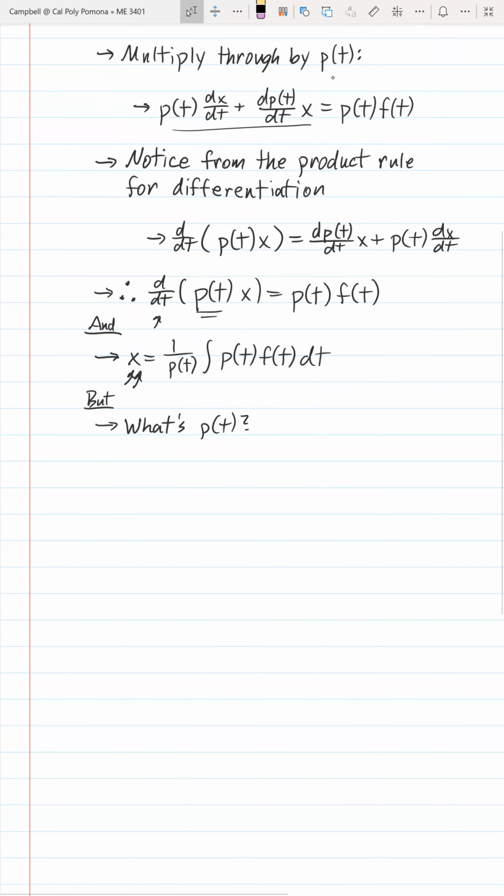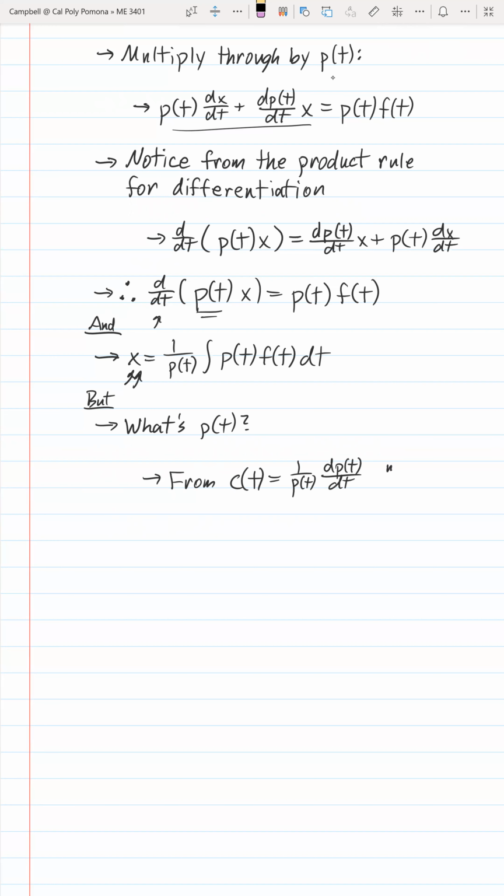So going back, as I said, from c of t, this is now the other sub-problem that we need to work: finding that p of t. So from c of t, we have 1 over p of t times dp of t dt. Now let's go ahead and multiply both sides by dt.